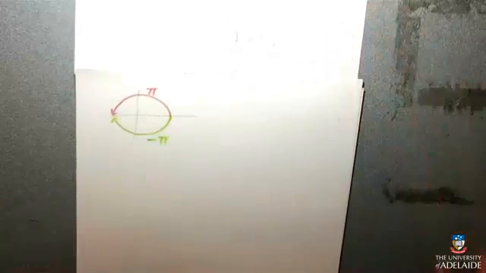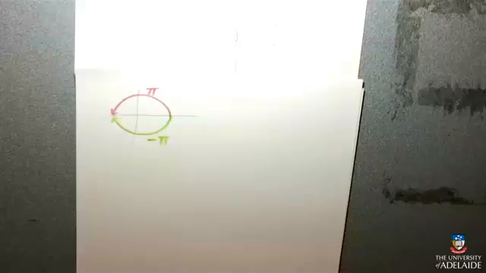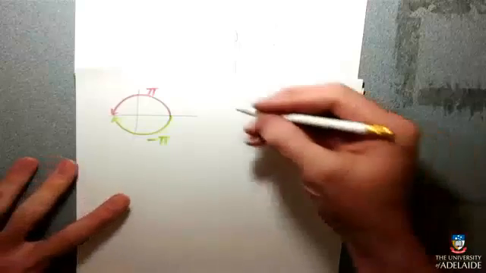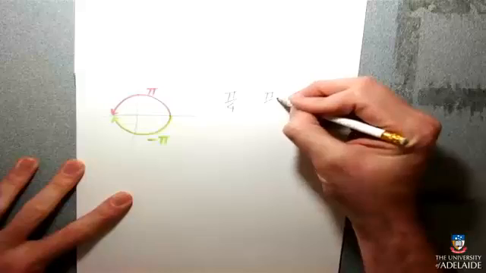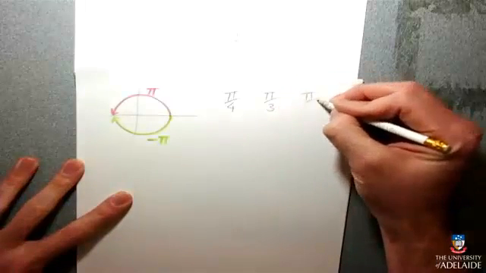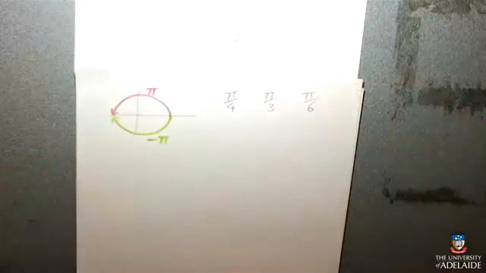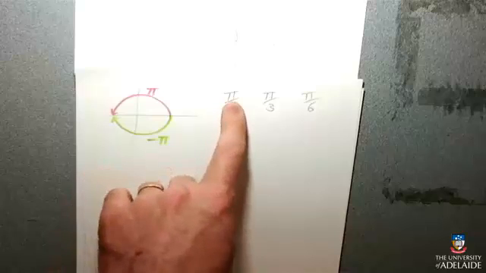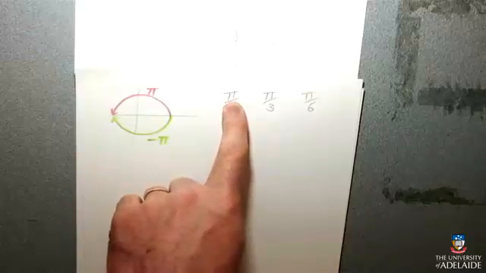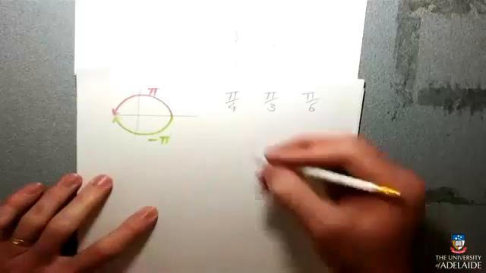All right. So there are three classic angles which have fairly nice answers for their sine and cos, and they are pi on 4, pi on 3, and pi on 6. If you're in degrees, pi is 180, and so we want a quarter of 180, which is 45 degrees.